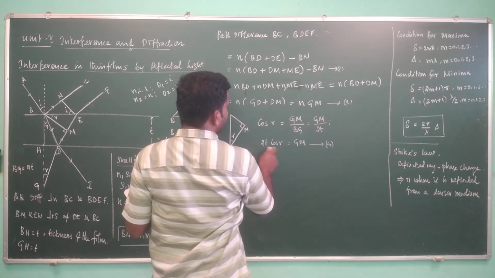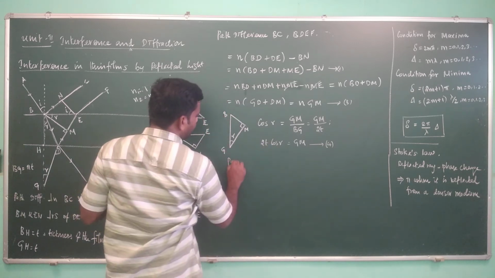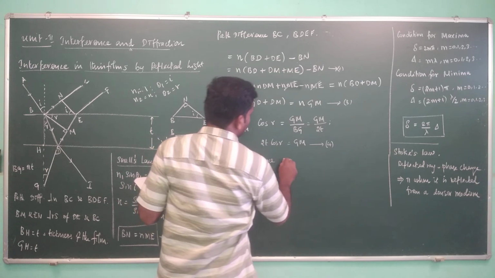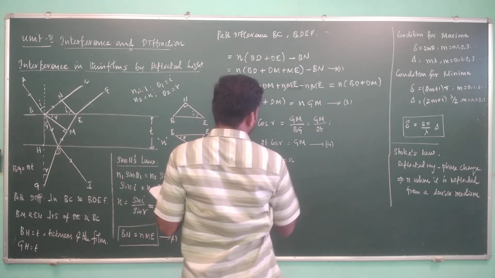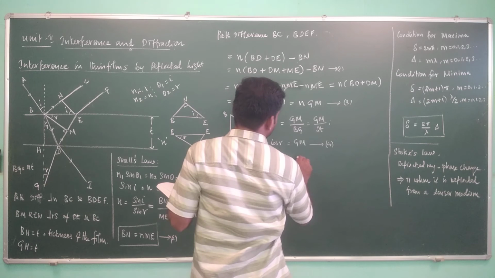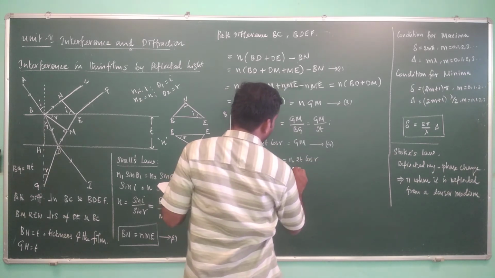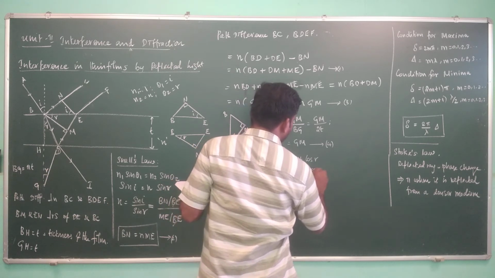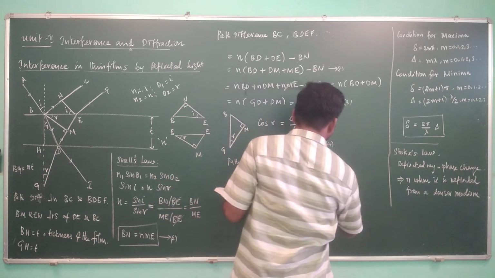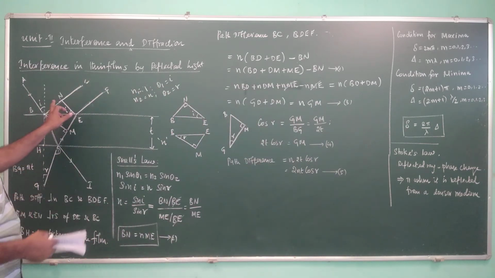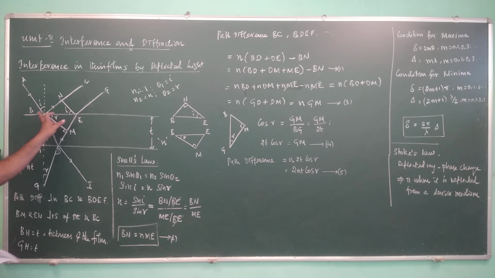If GM is equal to 2T cos R, then the final equation for path difference is nothing but N times 2T cos R, or you can write 2NT cos R. Equation 5. This is the equation for path difference between these two reflected rays, that is BC and BDEF.